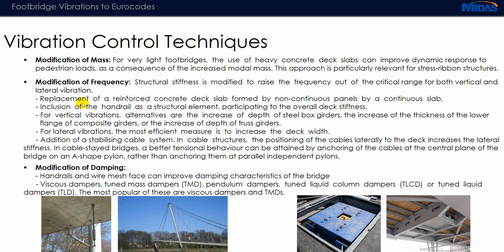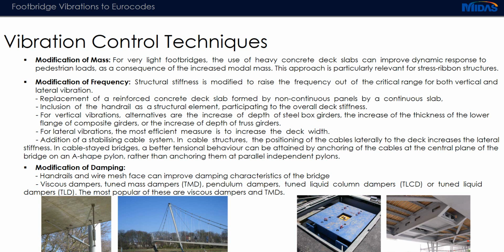Then modification of frequency, that is actually increasing the frequency itself. This is best done by modifying the structural stiffness, because your frequency is related with the square root of stiffness upon mass.